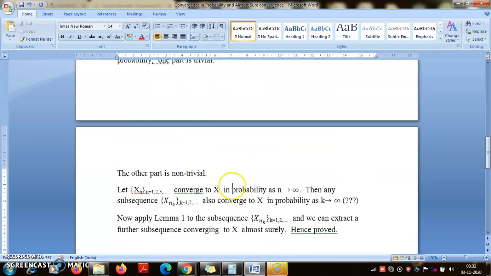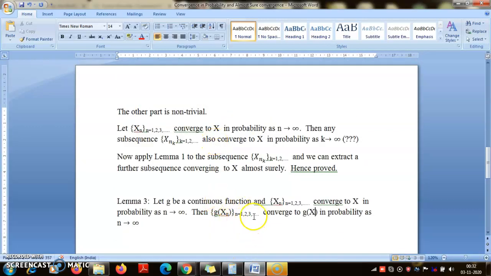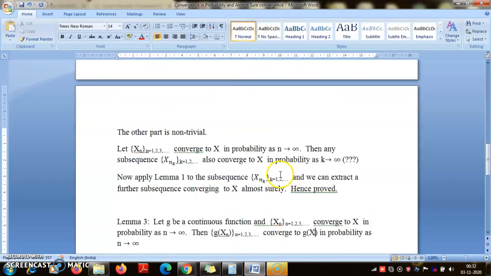So now what we do is apply this lemma: x_n converges to x in probability if and only if every subsequence of x_n has a further subsequence converging to x almost surely. So then apply that condition, the corresponding subsequence of g(x_n) will have a further subsequence which will converge to g(x) almost surely, and so by lemma 2 you will have this result.